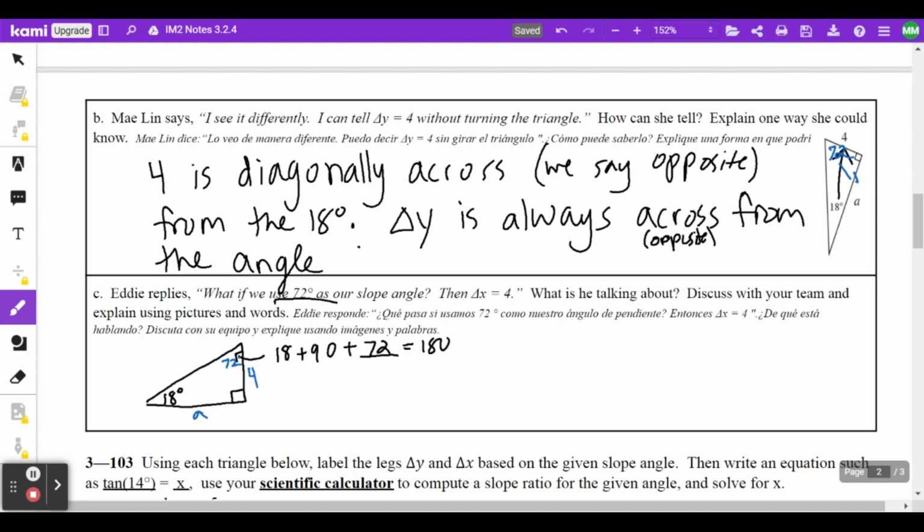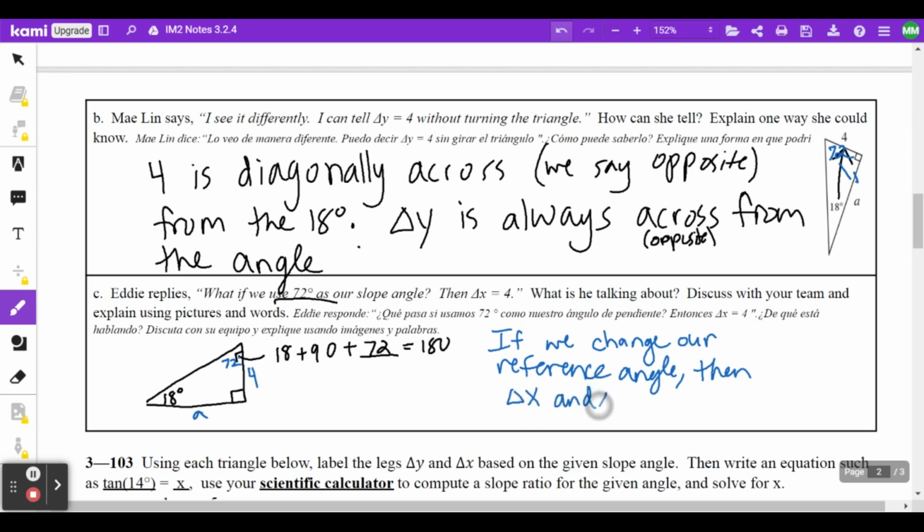So if we change our reference angle, then change in x and change in y switch.